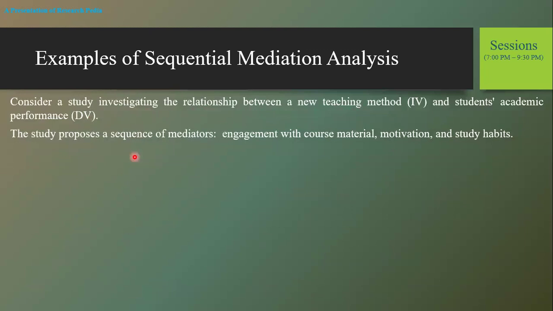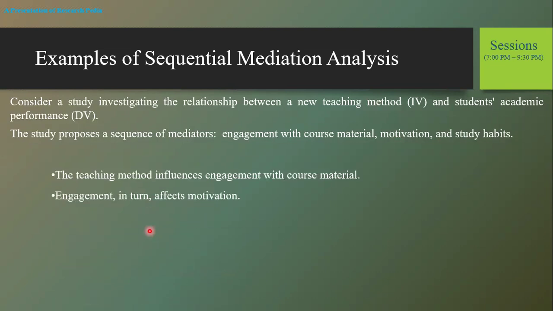The study proposes a sequence of mediators, for example, engagement with course material, motivation, and study habits. These are the three mediators that the researcher has proposed in order to explain the impact of teaching method on student academic performance.